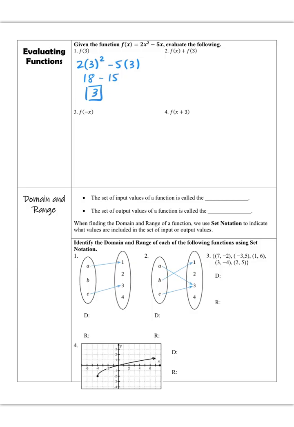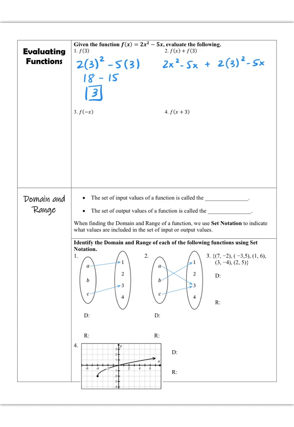So the first one, I have to leave in the x. So f of x is 2x squared minus 5x, plus f of 3 would be to put in the 3 where the x is.